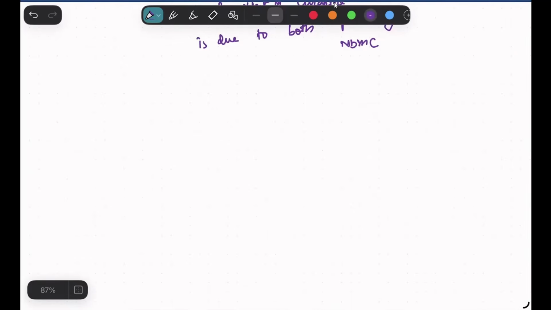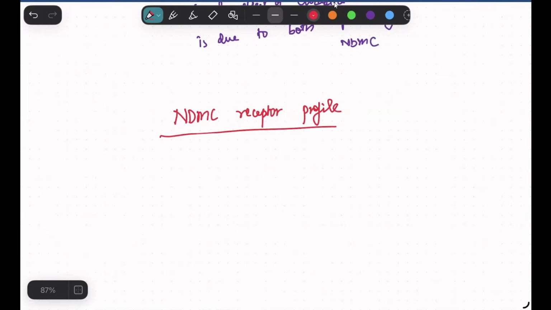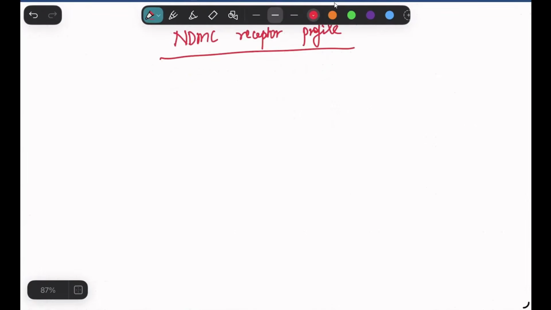Now coming to the important part, what is the NDMC receptor profile? This you need to remember because it will be very useful for your understanding. It has agonist action at two receptors and partial agonist action at two receptors.